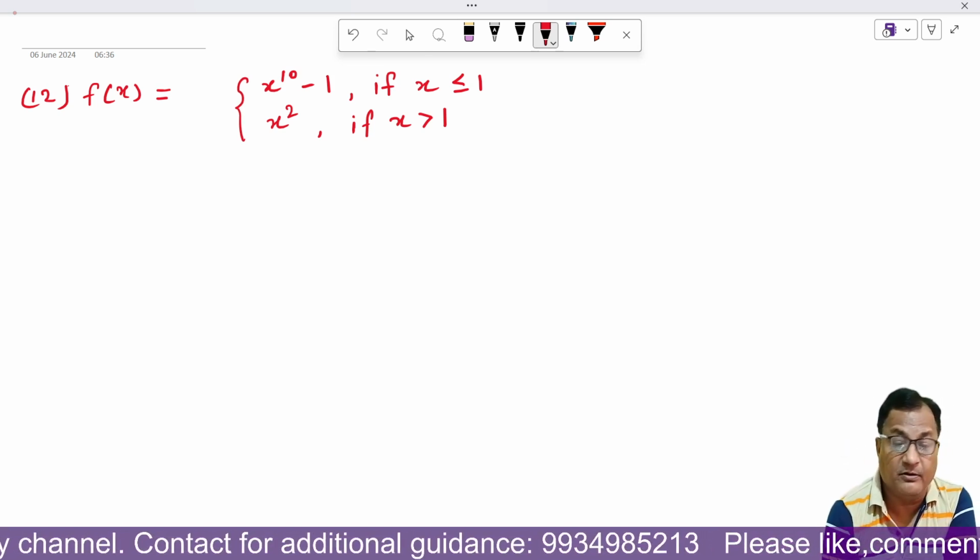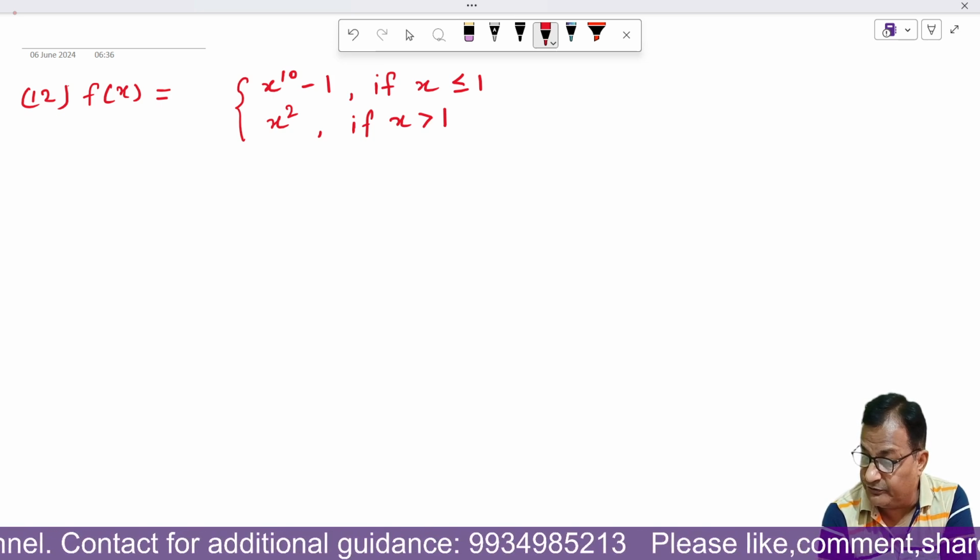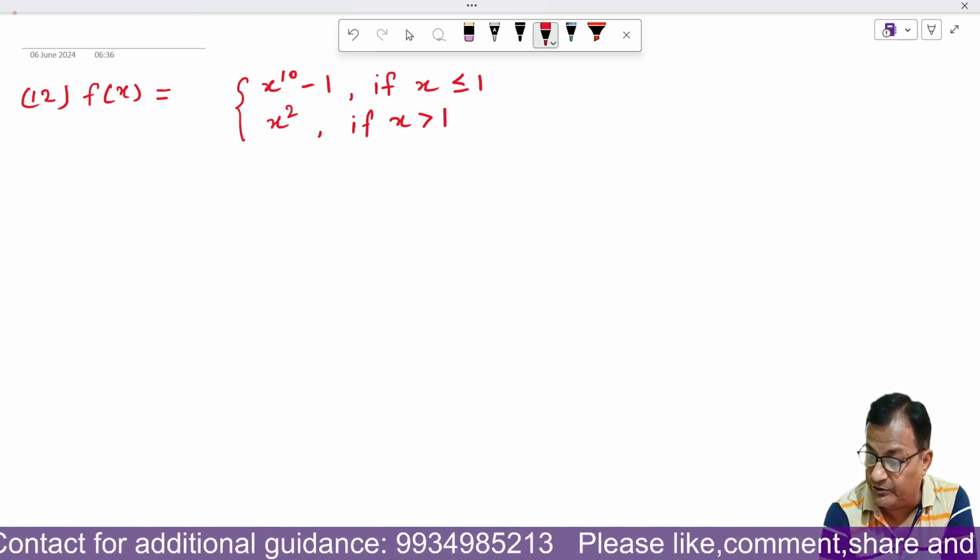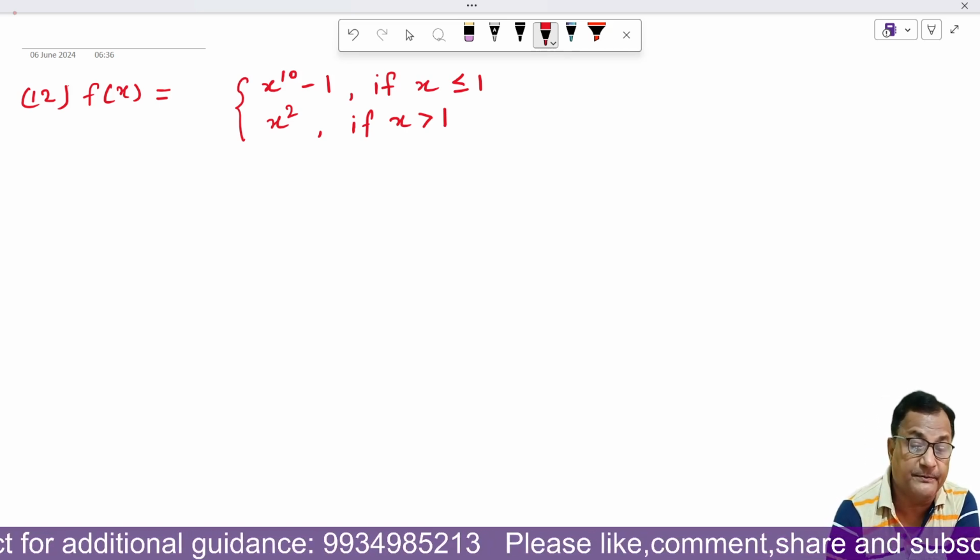We have to find all points of discontinuity of f.